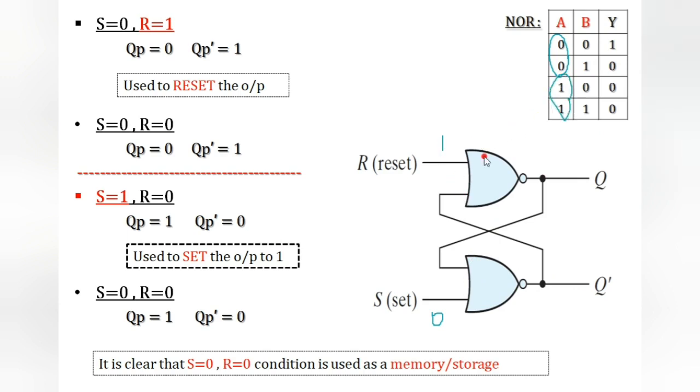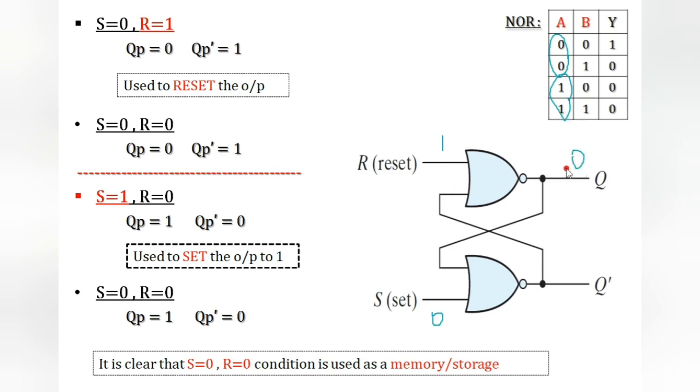If the second input is 0, the output is 0. If it is 1, the output is 0. So in this condition, whatever the second input may be, listen carefully, the output becomes 0. So I am taking this condition.